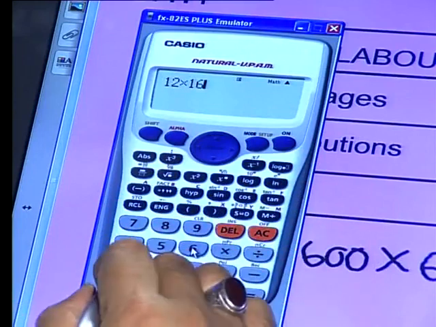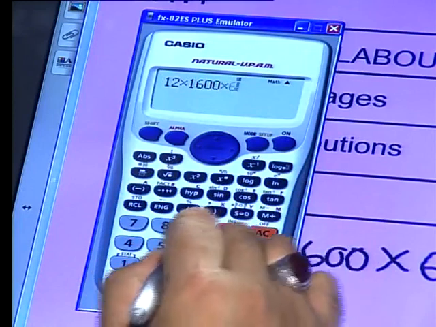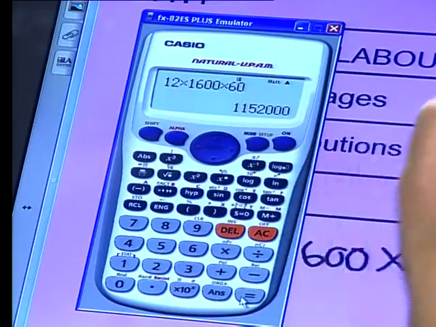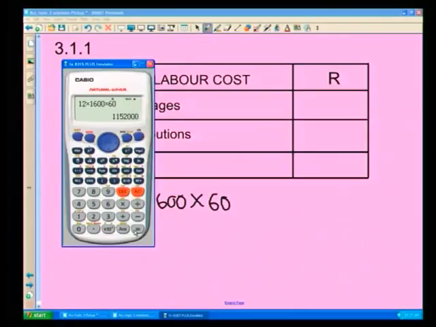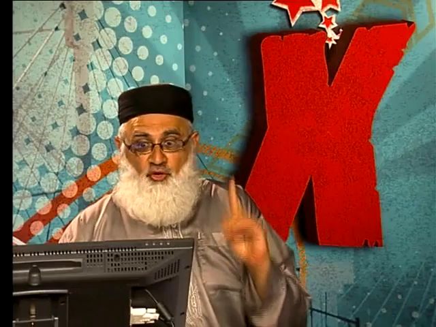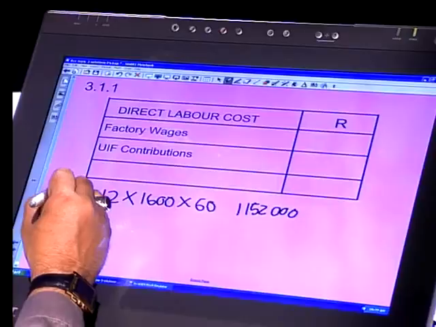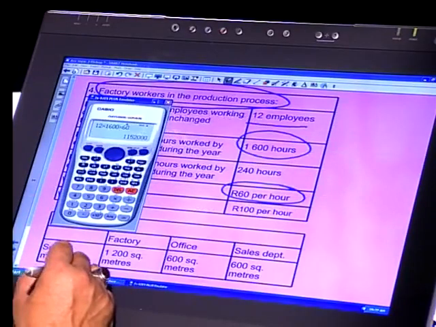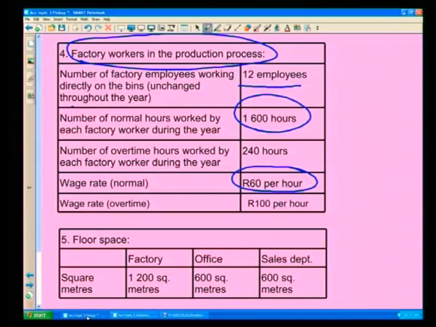So times 60, and let's do this calculation. What did we say it was? 12 times 1,600 times 60 to give me 1,152,000. So immediately I've got my answer here. 1,152,000. Do you see that? What was that for? Remember, that was normal time.